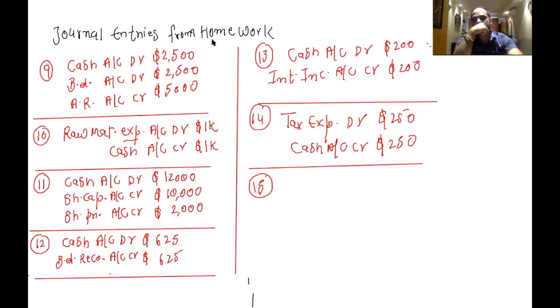You have a loss on sale of equipment. So loss is always debit.